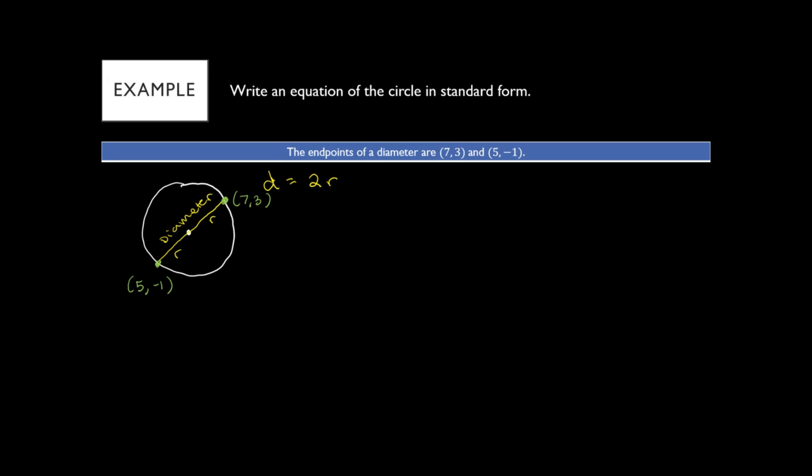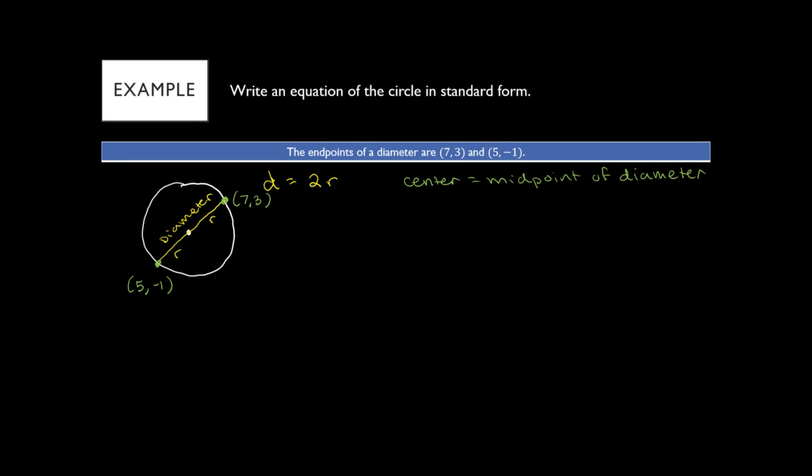The center is actually the midpoint between those 2 points. So our center is the midpoint of the diameter. It's the halfway point. And so you want to use your midpoint formula, which is just the average of the x values and the average of the y values. So you add your x values together and divide them by 2, add the y values and divide them by 2.